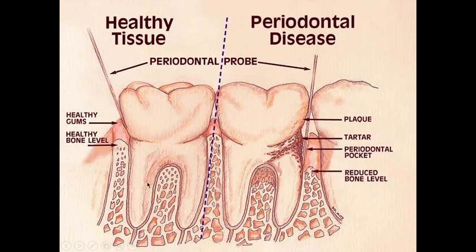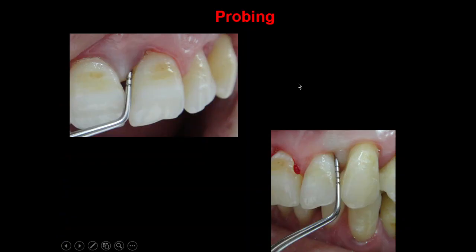You see in the video the sequence from healthy to periodontal disease. Okay, so how will we draw this in the chart? This is the Williams probe, and this is the probing as we told you before.